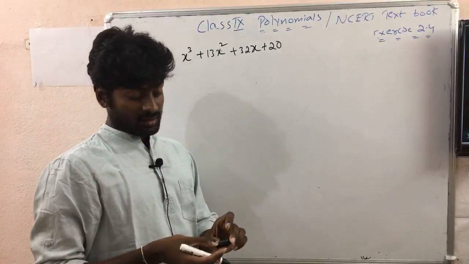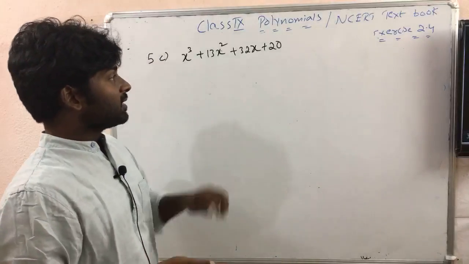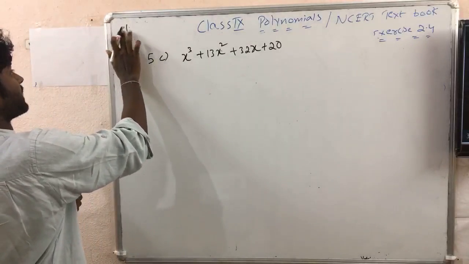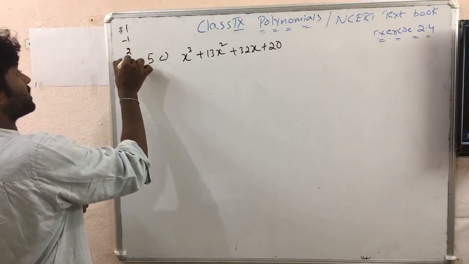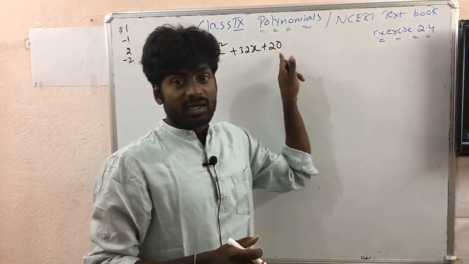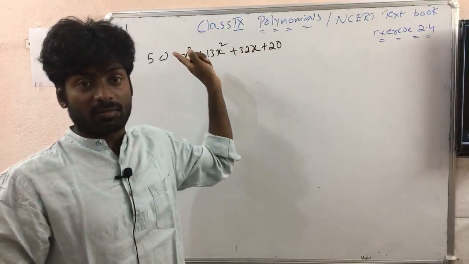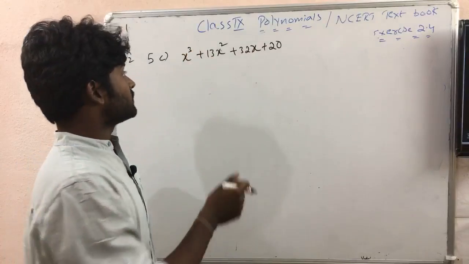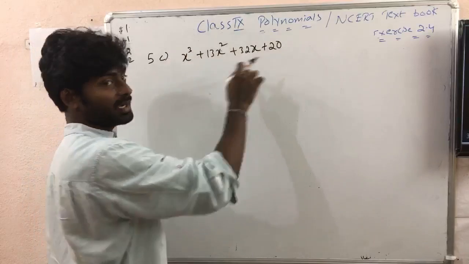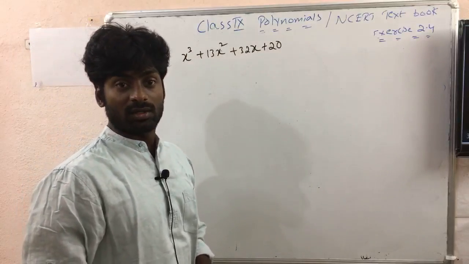As I said, you can go with the trial and error method using first plus 1, next minus 1, 2 and minus 2. Whenever you get all plus terms, it is a waste to try positive values, because the whole value will become positive, you will not get 0. Think logically.